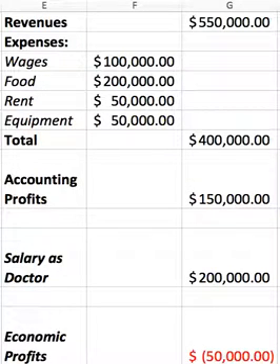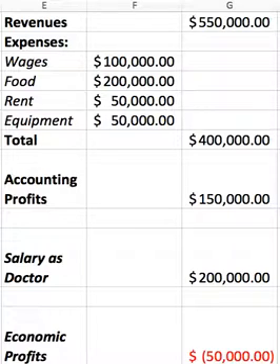I want to go over the assignment that dealt with economic profits just real quickly. In this particular problem, we have Jeff, who decided to leave his profession as a physician, making $200,000 a year, and go into the restaurant business.